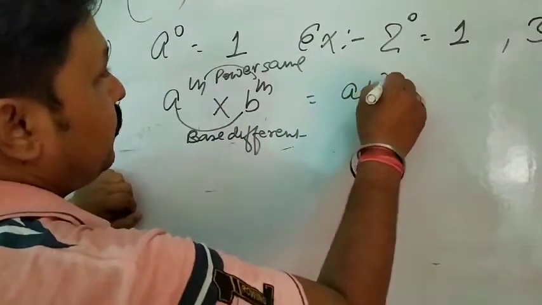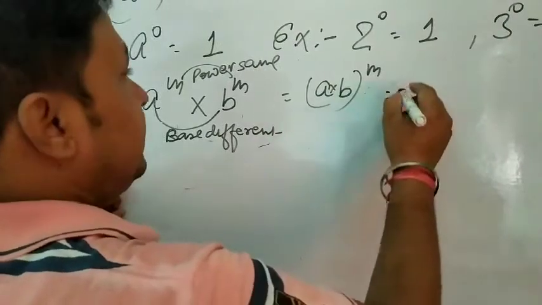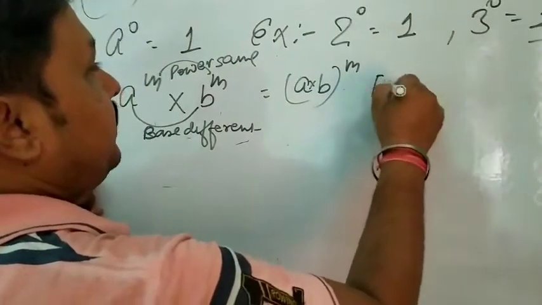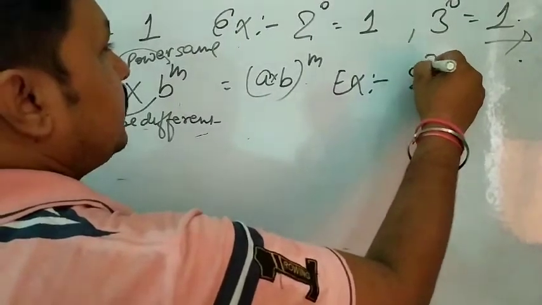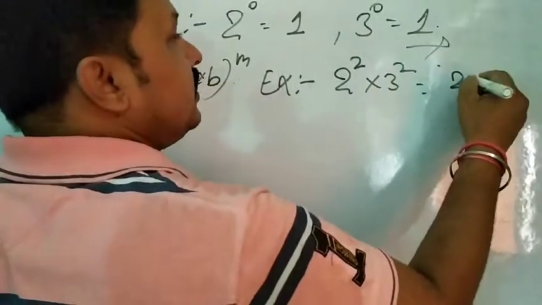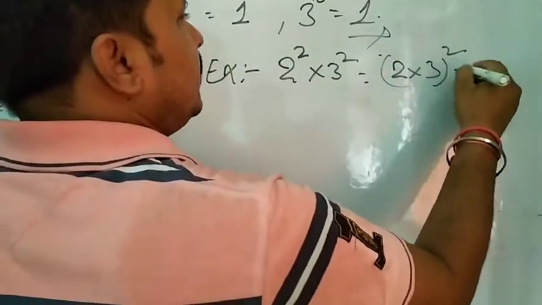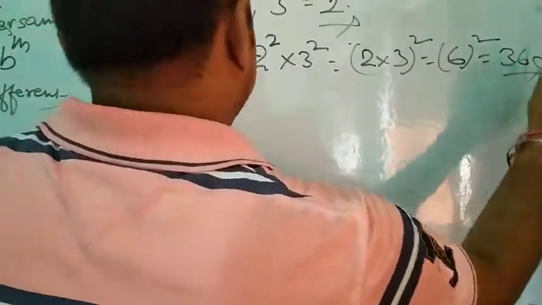That is, a into b to the power m. For example, 2 to the power 2 into 3 to the power 2 means 2 into 3 to the power 2, that means 6 to the power 2, that means 36.